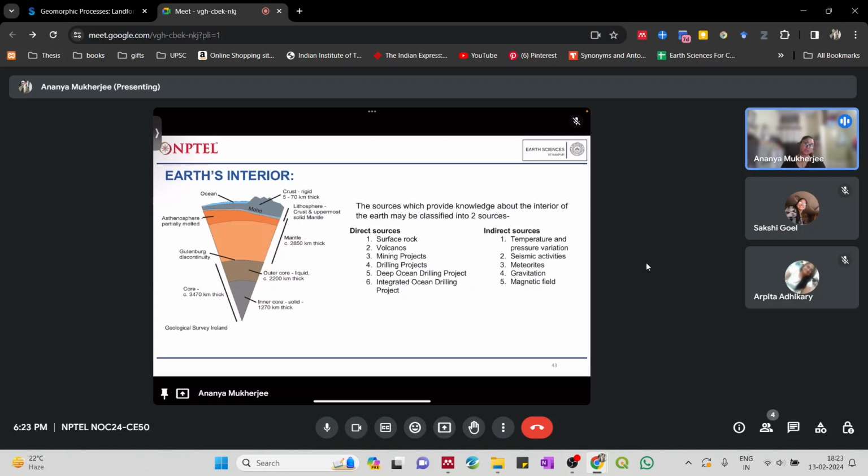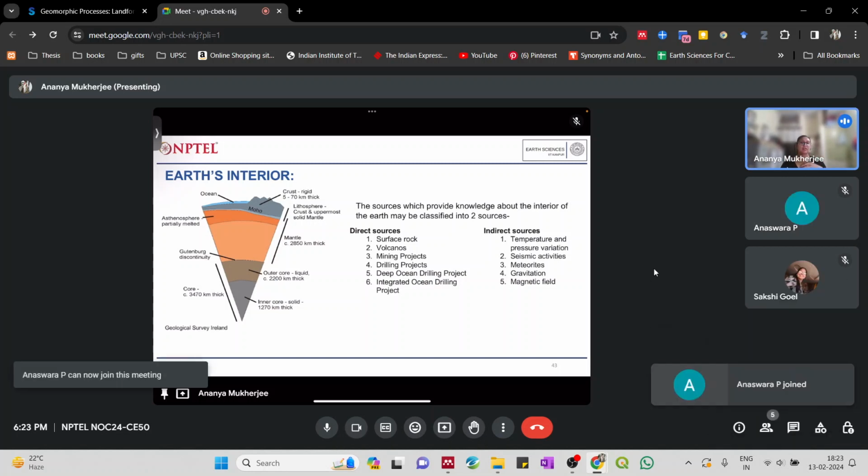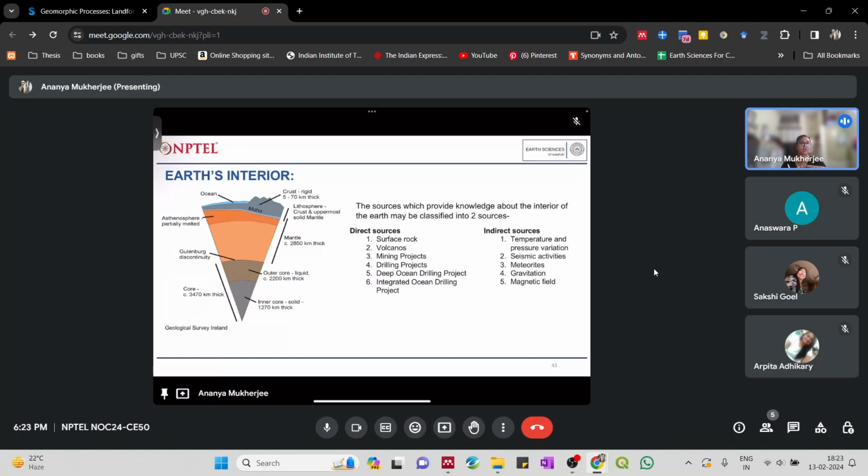Then indirect sources are those evidences or observations that we can get by employing another method. If you can understand the temperature and pressure variations, then, as I mentioned before, seismic activities, or the propagation of seismic waves themselves, can give you information about the different layers that are present.